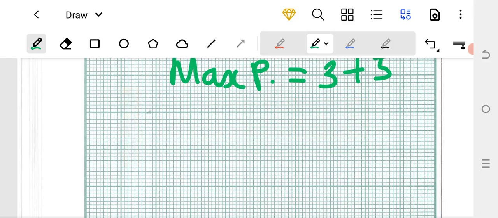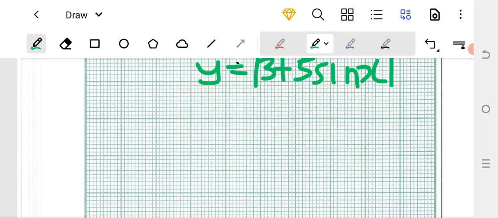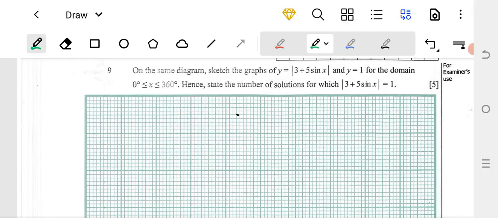So what I'm doing is I'm erasing what I've written, but in an exam, you can't erase what I've written. It's very important. So this is 8, that is a 7, that is a 6, just like that.